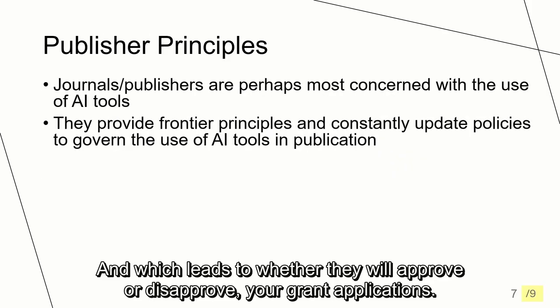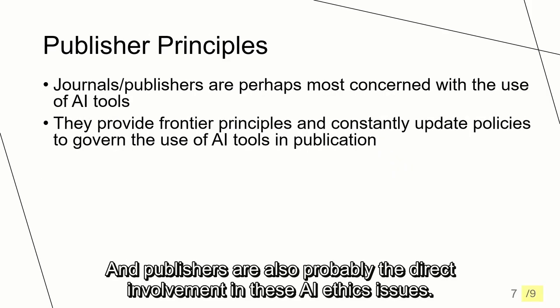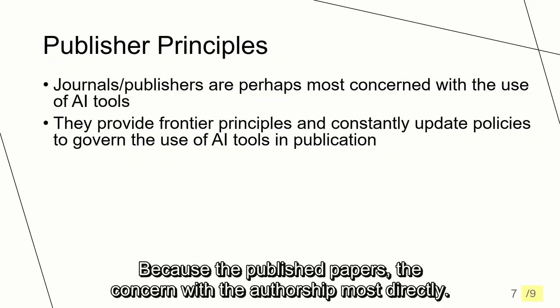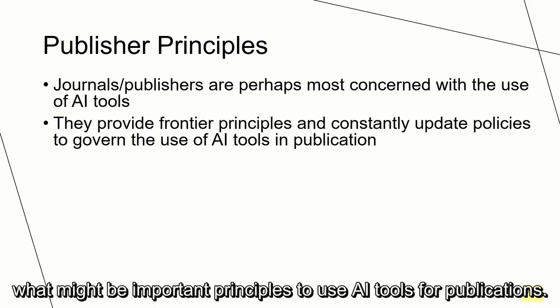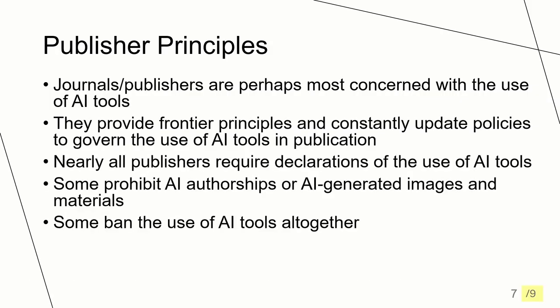your grant applications. And publishers are also probably directly involved in these AI ethics issues, because they publish papers, and they are concerned with authorship most directly. Therefore, they constantly update their policies to help authors and researchers know what might be important principles to use AI tools for publications.